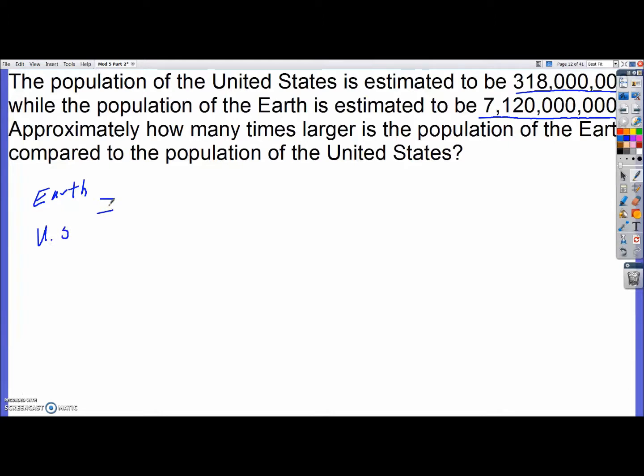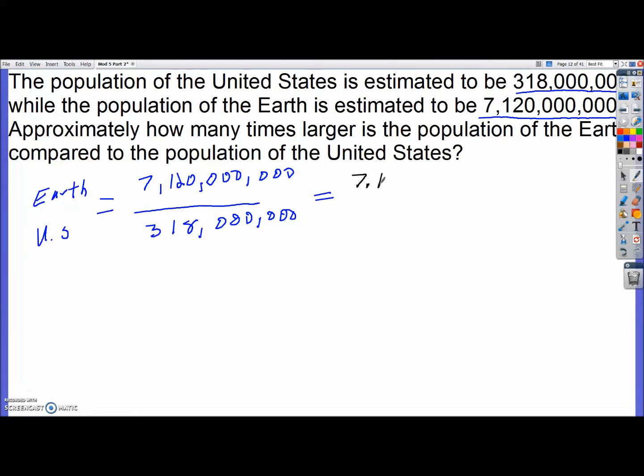The population of Earth is 7,120 million, while the population of the United States is 318 million. So first, let's go ahead and write the top one in scientific notation.